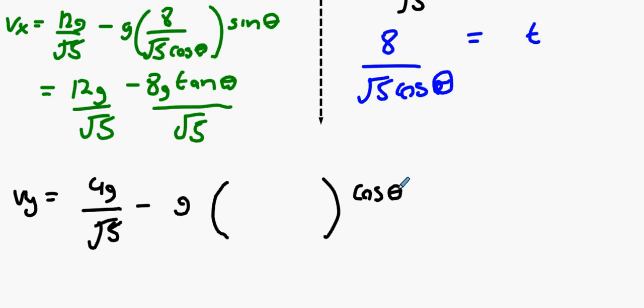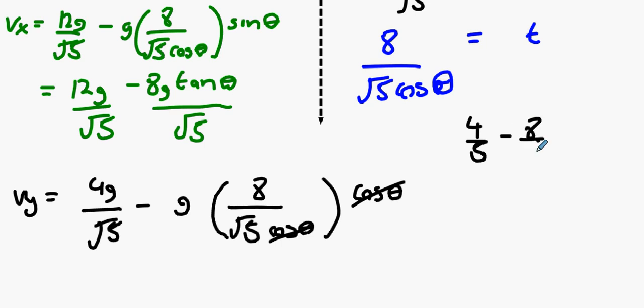Vy has to be guaranteed negative. Okay? So it's going to be 8 over root 5 cos theta. And as suspected, going to be 4g over root 5 take away 8g over root 5. So 4 over 5 take away 8 over 5 is minus 4 over 5. Okay? Now we're in business.